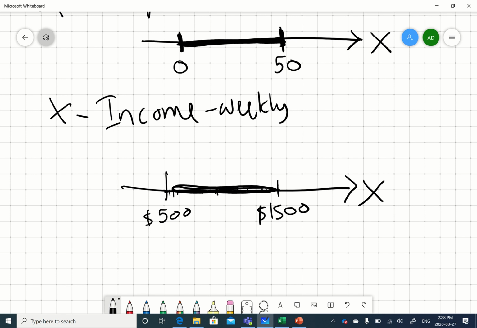For this particular variable, weekly income, if you randomly pick a certain employee from this company, what is the probability that their weekly income is less than 1,000? Now you have a point on this range, and you want to figure out the chance their weekly income is less than 1,000. Less than 1,000 means this complete region, right? That is the idea.